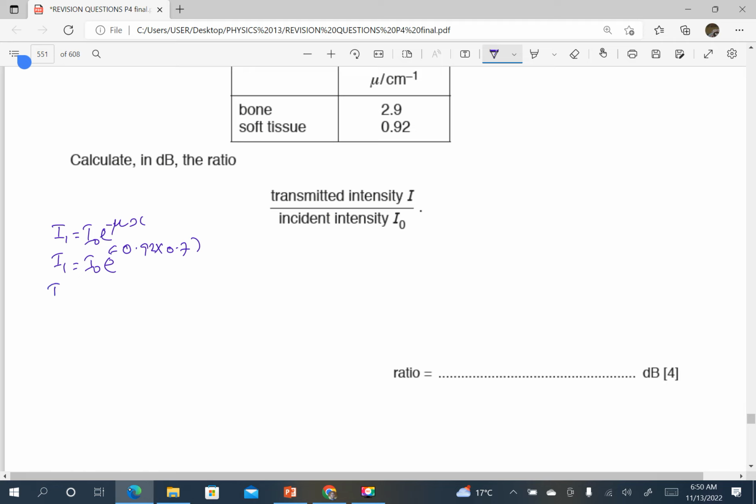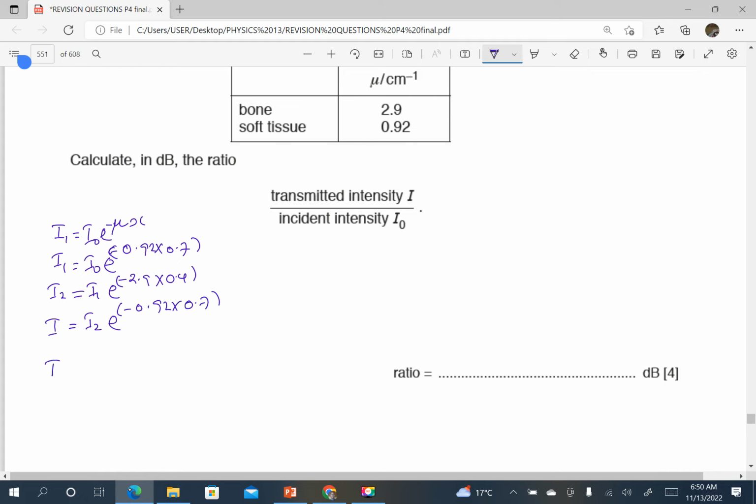Then I2, which is transmitted through the bone, is equal to I1 e power negative 2.9, the thickness is 0.4. Then I, which is the final transmitted intensity, is equal to I2 e power, now again through soft tissue, so that would be negative 0.92 times again 0.7.